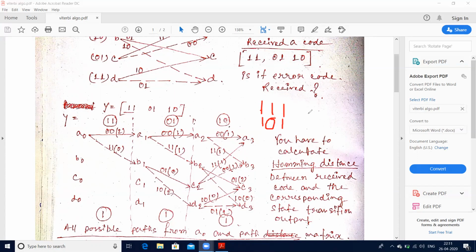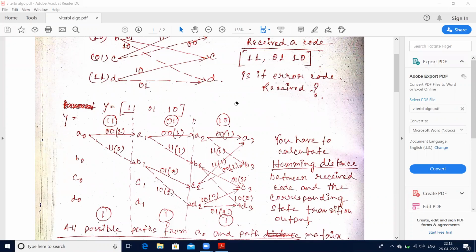So the Hamming distance will be 1. The distance between these two codes is the number of differing bits. This is similar, but this is dissimilar. So the number of dissimilar bits between two bit sequences is the Hamming distance between them. We will use this concept in the Viterbi algorithm.